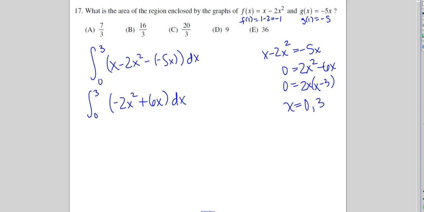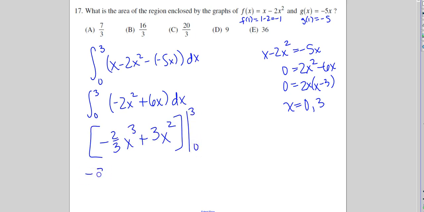All right, so now we're going to antiderive term by term. So this will be negative 2/3 x cubed plus my new power here is 2, and 6 divided by 2 is 3. I'm going to evaluate that at x equals 3 and x equals 0. So I've got negative 2/3 times 3 cubed plus 3 times 3 squared. Minus, if I plug in 0 for x, I get 0 for both terms.